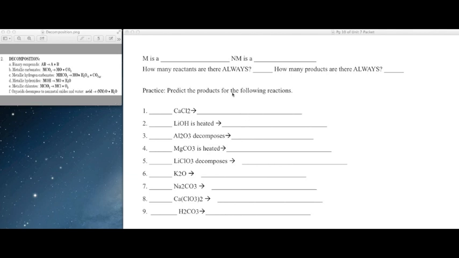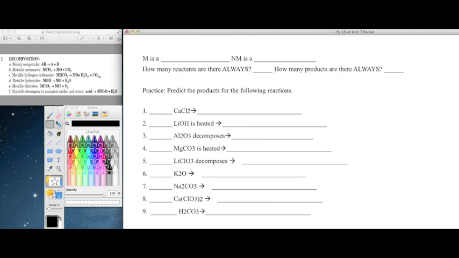So in decomposition, it's really going to be like a recipe. Let's go through and review some things that we already talked about in synthesis, but let's look at it again. Some terms we're going to be using again, just as a review. M stands for a metal, and NM stands for a nonmetal.